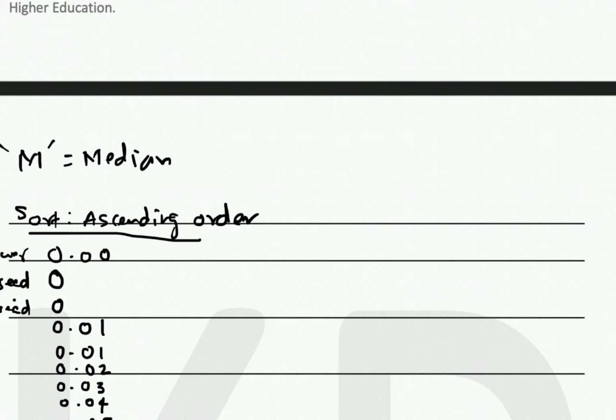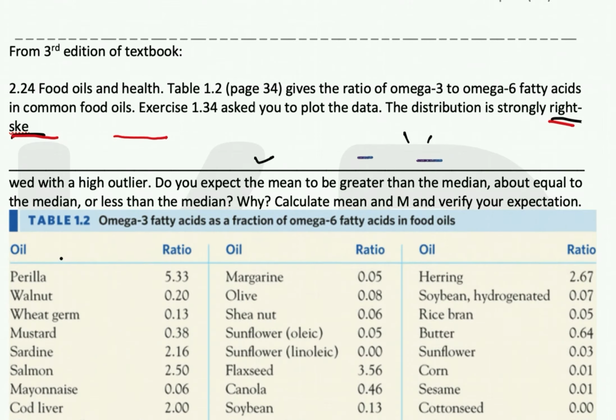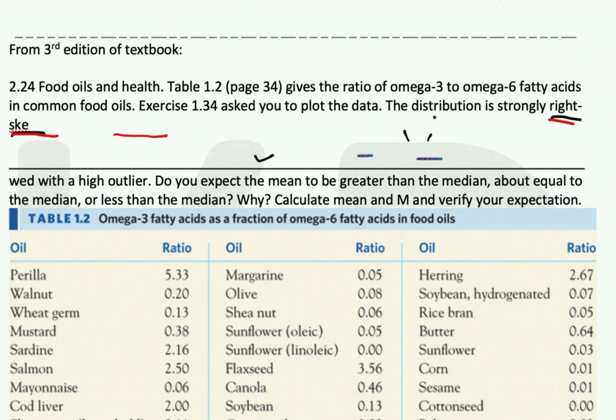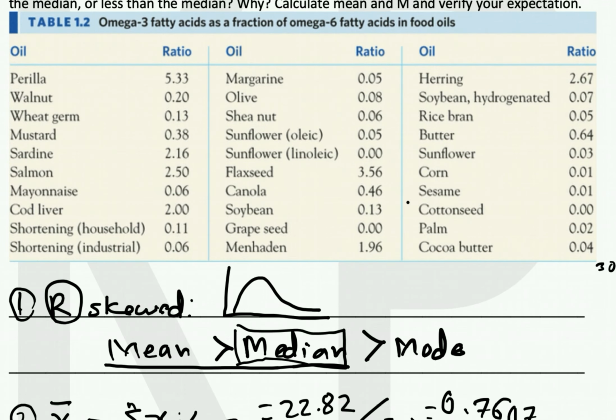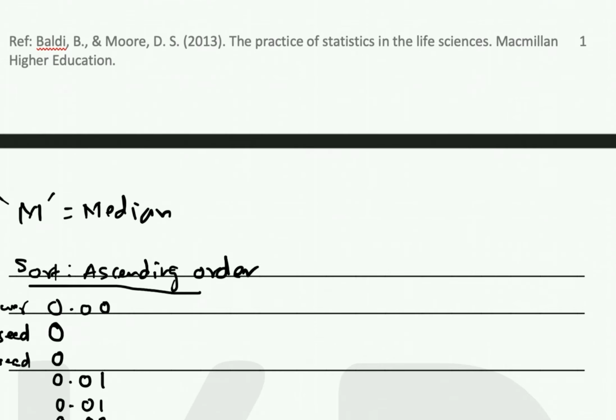You don't have to write those categories or the names of the data points, because they simply ask you in the question the median and the relationship between mean and median values. So you already got the mean value. Now for the median, I've already sorted this data set. This is a little bit calculation intensive or sorting process, so make sure you follow those steps. I'm skipping that for the interest of time.